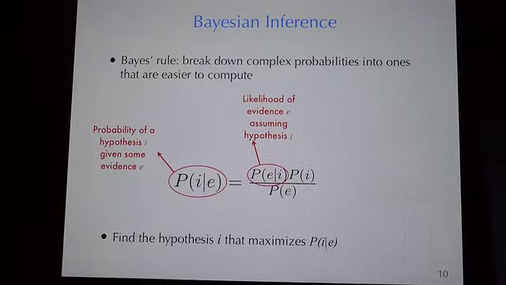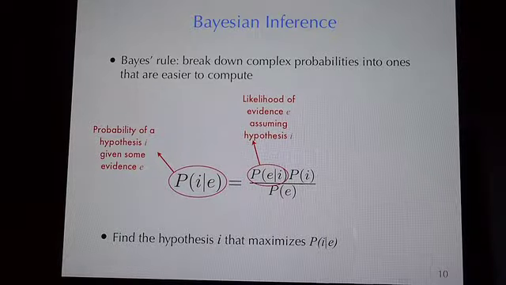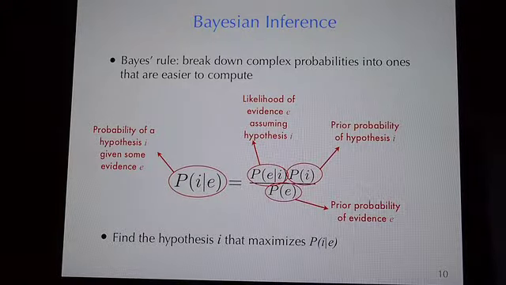That's, as I said, called the likelihood of evidence E, assuming the hypothesis H. But equally important is the prior probability of a hypothesis H. So how likely is H if we don't have access to any particular evidence?